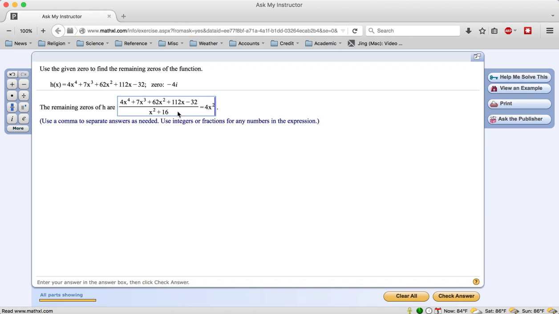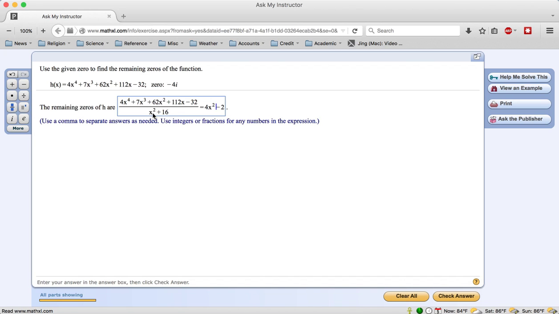I can see on this side the constant on this quadratic is going to come from this negative 32 over 16. Right, so that's going to be minus 2 on the other side. And all I have to do is figure out what the linear term here is. The only way I'm going to get a linear term when I multiply x squared plus 16 through this thing is that 16 times the linear term is going to give me the linear term.